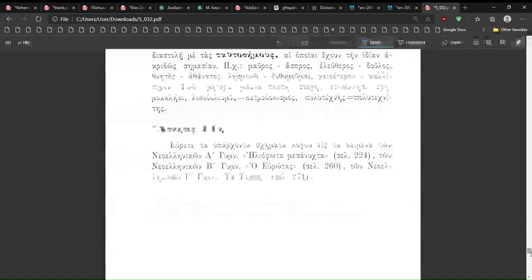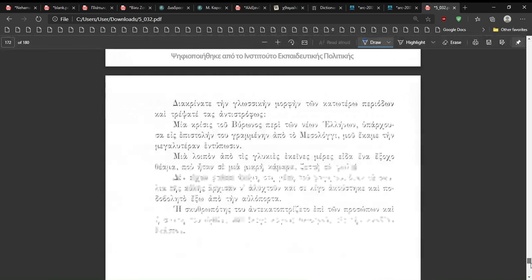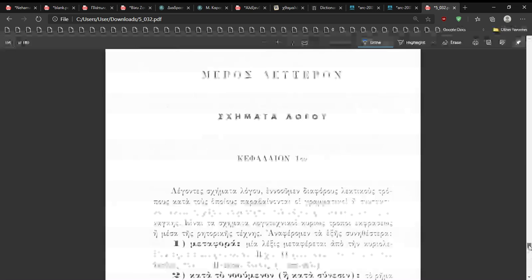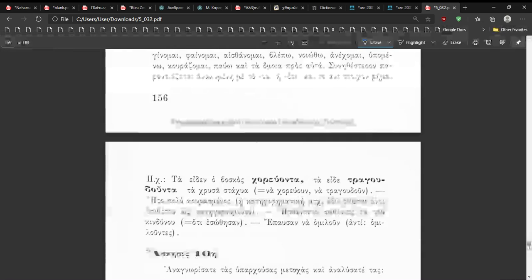Now let me go to the back of the book where it has something which I think is very interesting. It has a text in Katharevousa and in modern Greek. I just hope I can find it. Because this is actually one of the most interesting parts of this book.